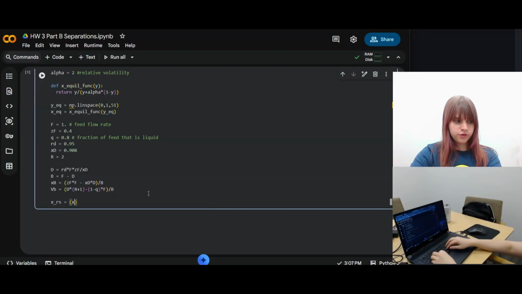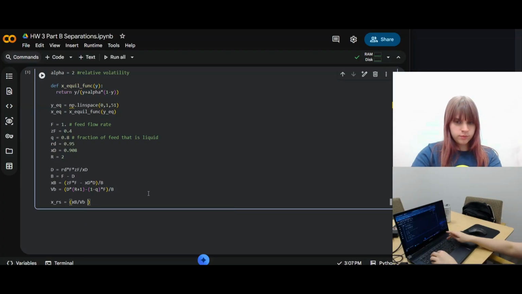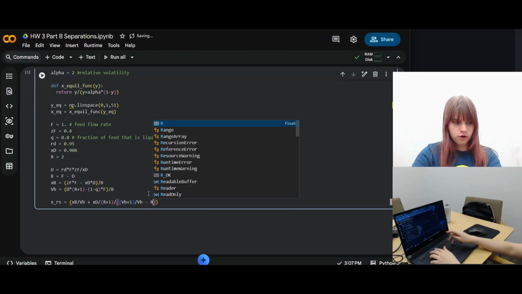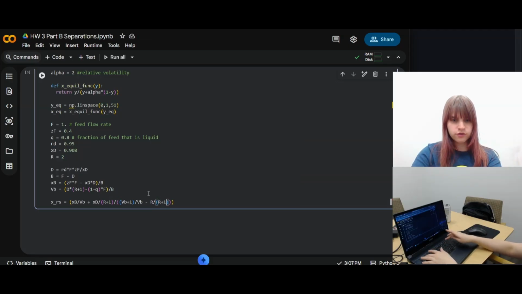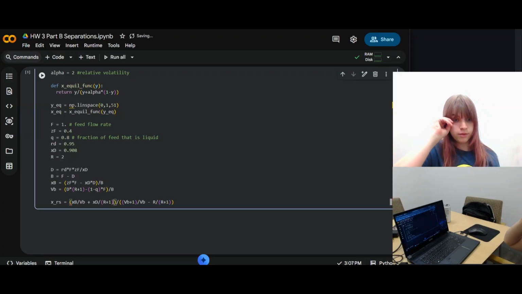That's going to be equal to XB divided by VB, our boil-up ratio, plus XD divided by R plus 1. And we're dividing that by the boil-up ratio plus 1 divided by the boil-up ratio minus R divided by R plus 1. And I made a little mistake there with the parentheses.